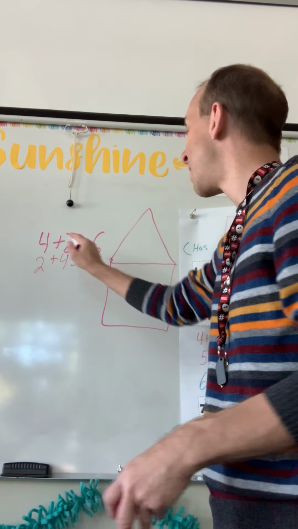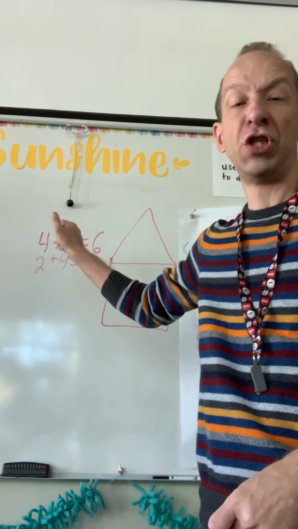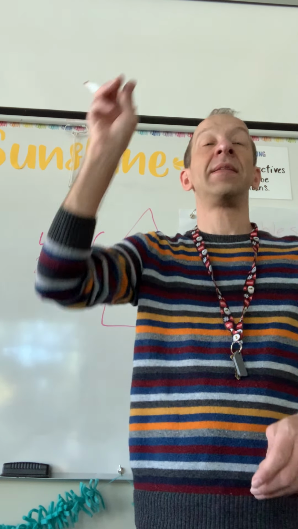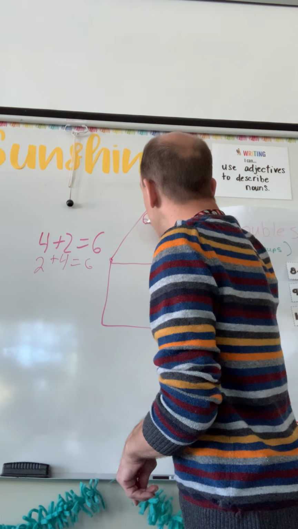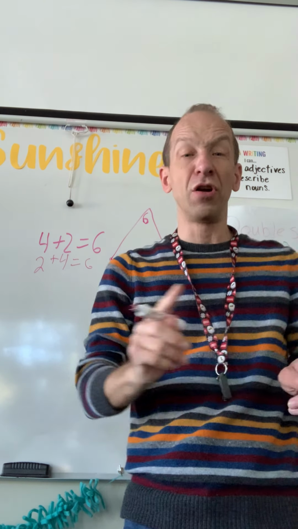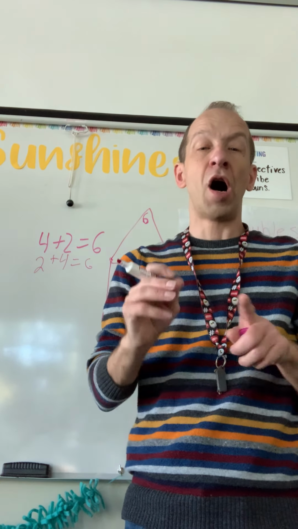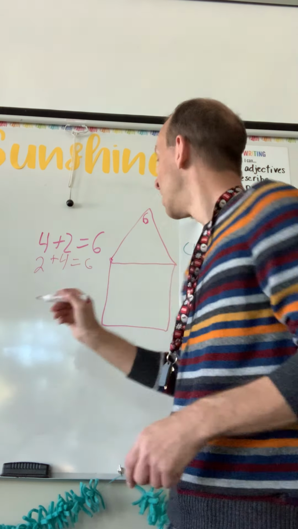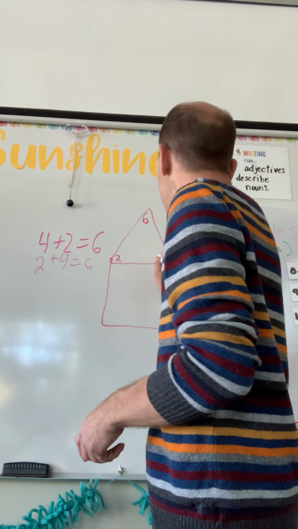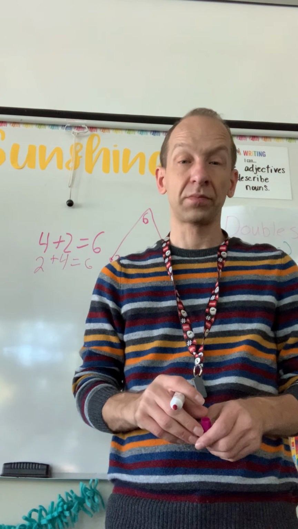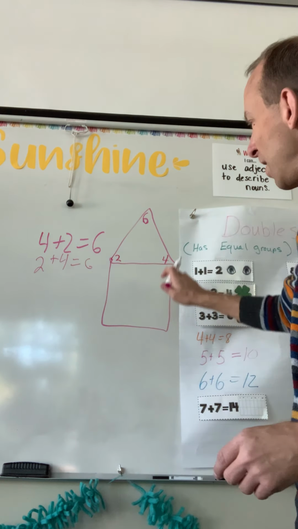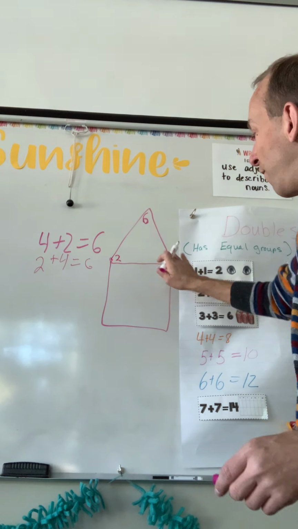Okay, what is my biggest number out of 4, 2, and 6? 6. So I am going to put my 6 at the top. The other two numbers that I know are 2 and 4. So I'm going to write 2 and 4 in the corners of my house. All right, so if you see here, I've got 6, 2, and 4.